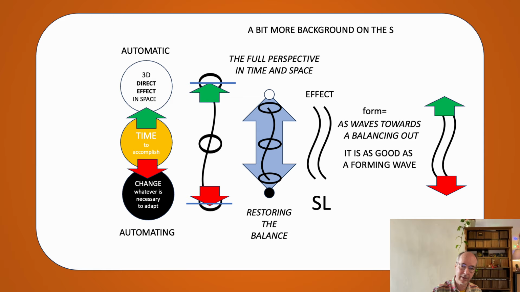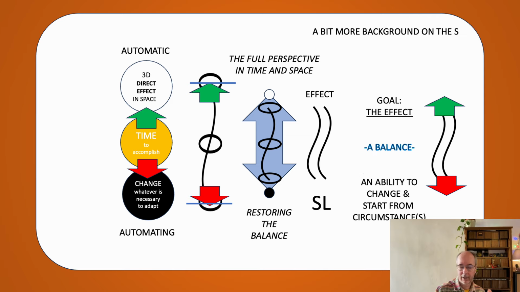So the S is like this wave formation. You can remember it as that the balancing out of elements always takes the form of a wave, very often will take the form of such a wave, because that's what the balance is about.